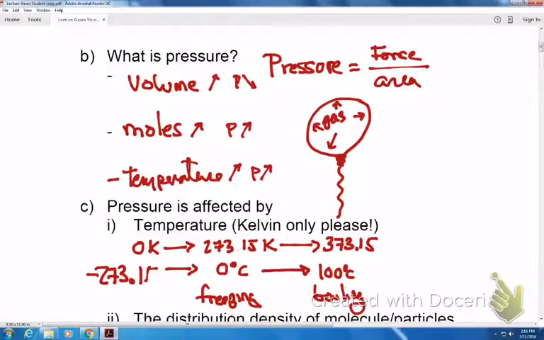Why is this? Because at 0 degrees Kelvin, there's no more kinetic energy. Kinetic energy is the energy of motion. So when you get to 0 degrees Kelvin, everything stops moving. Things will be stuck together, so there are forces of attraction, there's potential energy there, but everything stops moving, and a lot of weird stuff happens at that point, which you'll learn about in other classes hopefully.